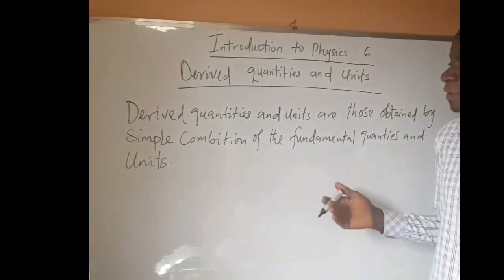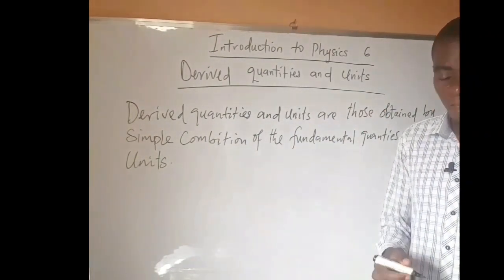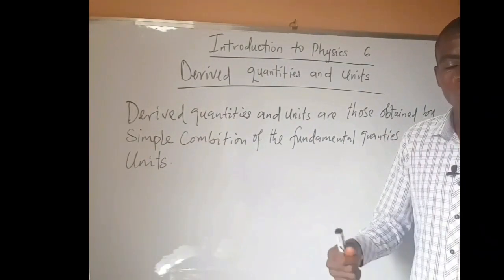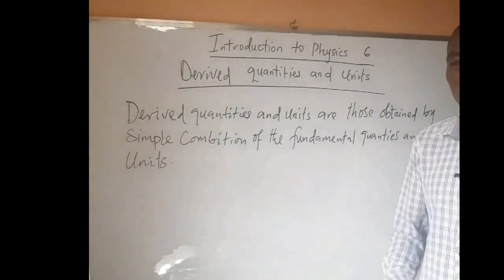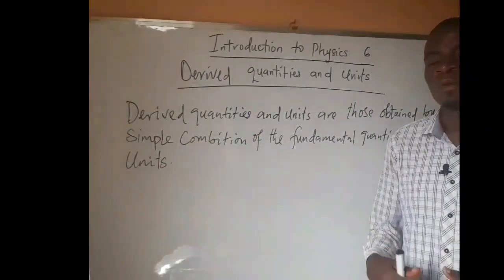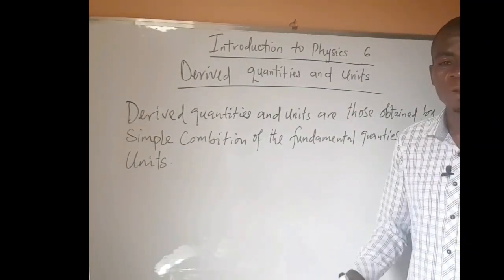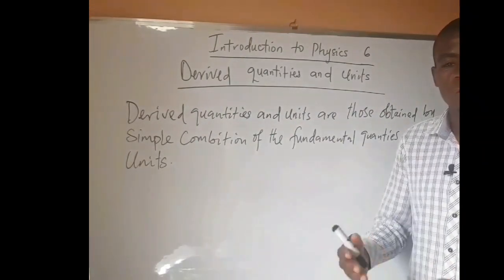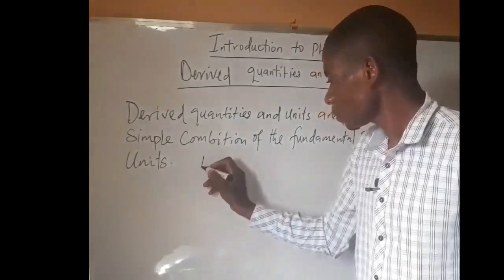Yes, this is the definition of derived quantities and units. If you combine 2 or more fundamental quantities, we obtain the derived quantities. If you combine 2 or more fundamental units, you are also expected to obtain the derived unit. So let's take these examples.